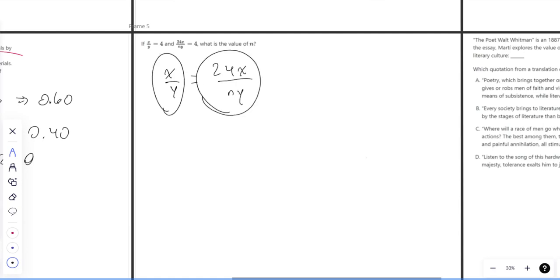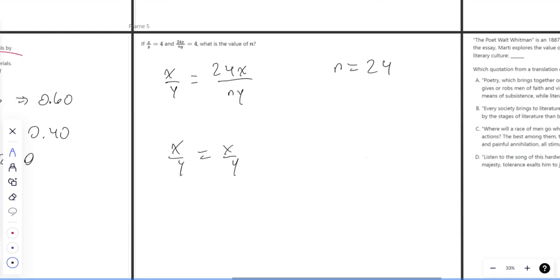So that means I can set both of these things equal to each other. And in order for x over y to equal this, I would want n to equal 24, right? So the 24's cancel out. So, yeah, that's our final answer for this one.